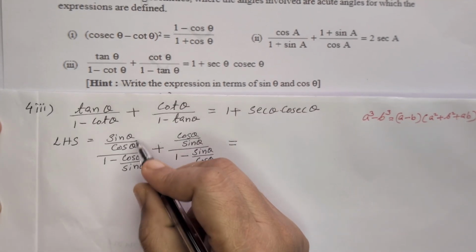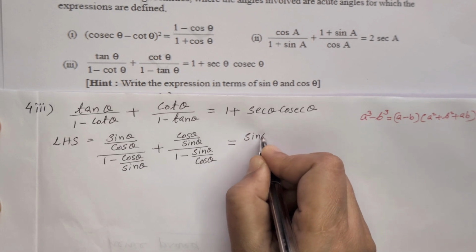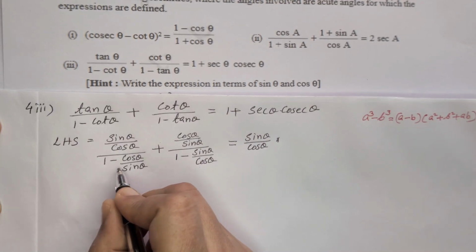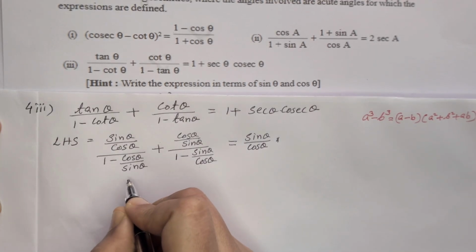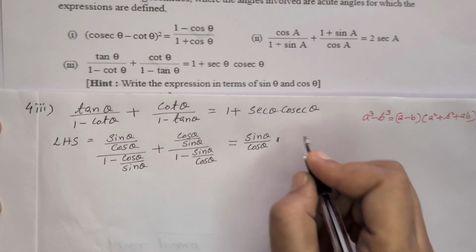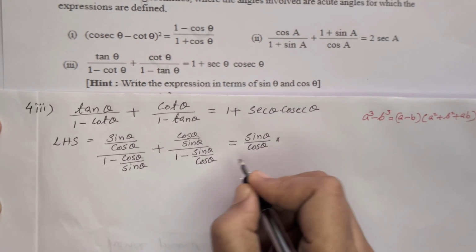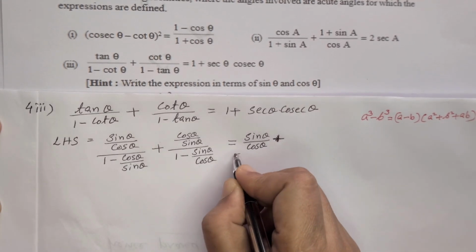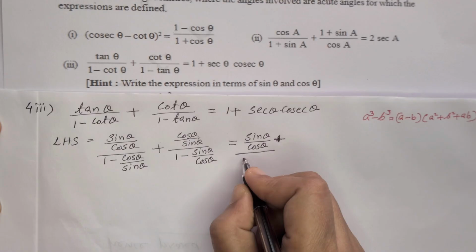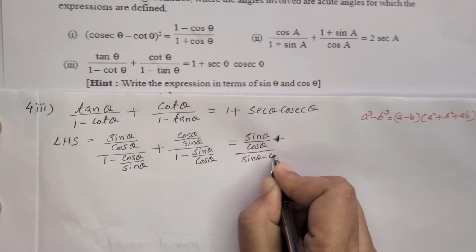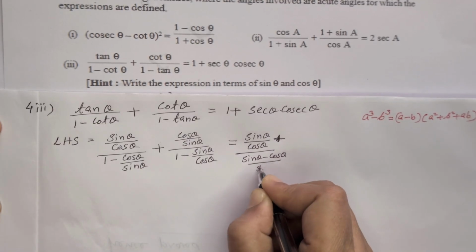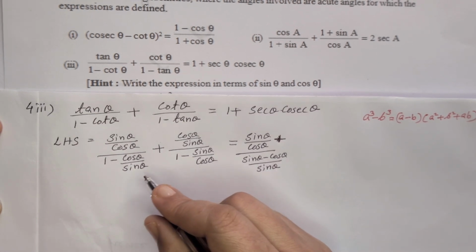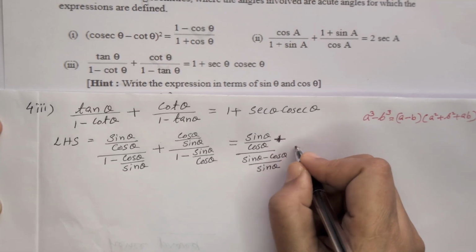Which is equal to sin θ by cos θ in the numerator, and when we take the LCM, this will come (sin θ − cos θ) by sin θ. Sin θ is the LCM or denominator here.